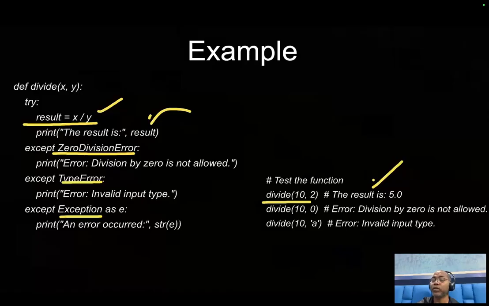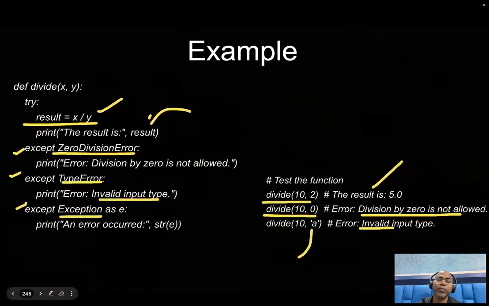Maybe we say divide by 0, you cannot divide by 0, our zero division error handler can handle it, right? Maybe you are passing some incorrect value, you can say, hey, this is an invalid input type. So these multiple exception handlers provide clear messages to the client.